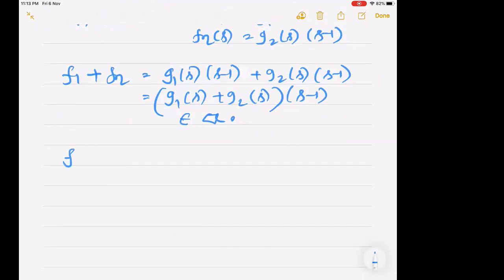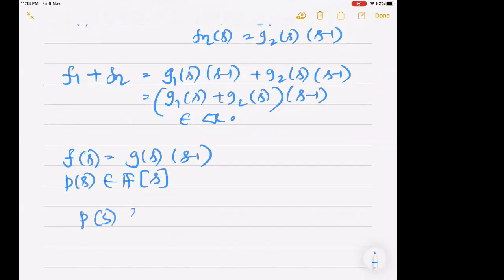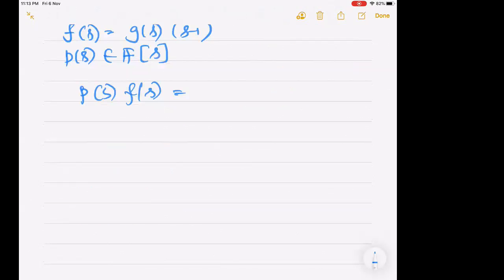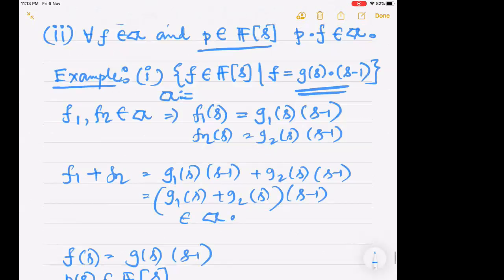Further, suppose f(s) is equal to g(s) times (s minus 1), and let's say p(s) is any old polynomial in F(s), whatever it might be. Then p(s) times f(s) is going to be p(s) g(s) times (s minus 1), which also has the same structure as any polynomial in A: some polynomial times (s minus 1).